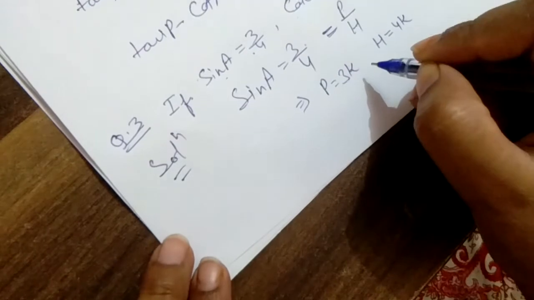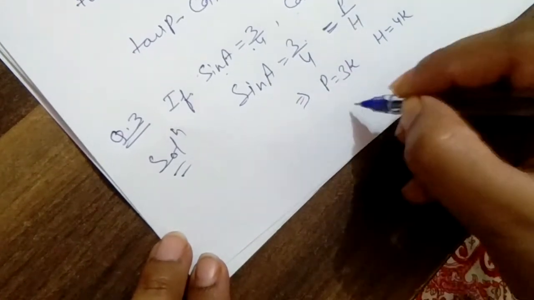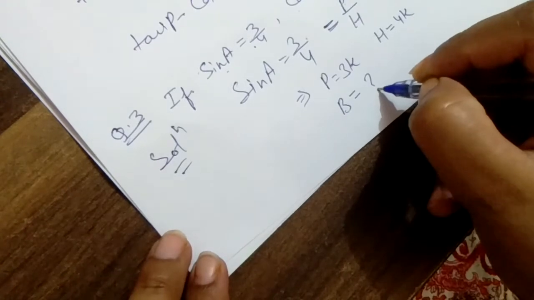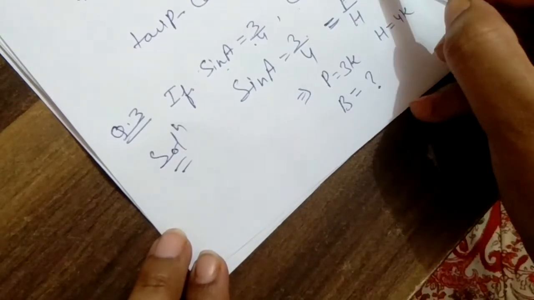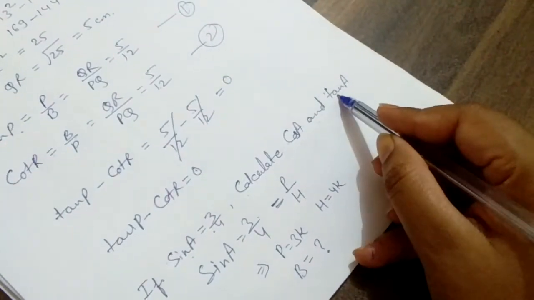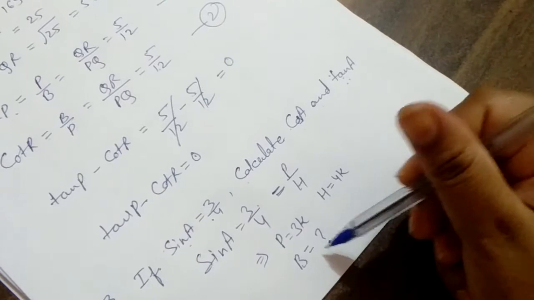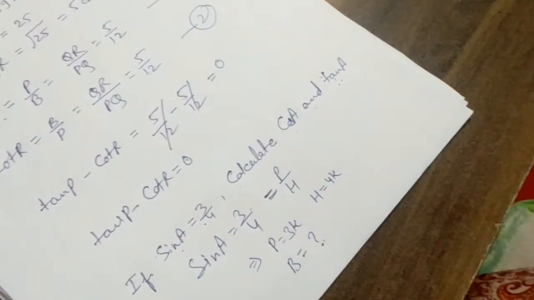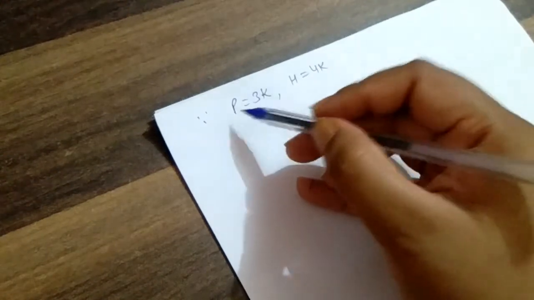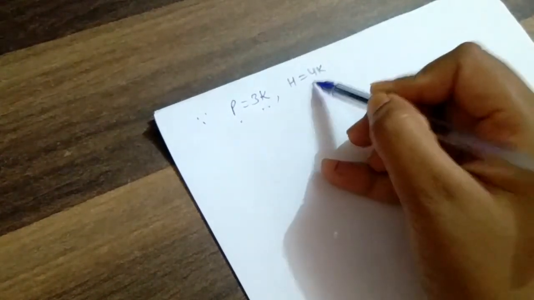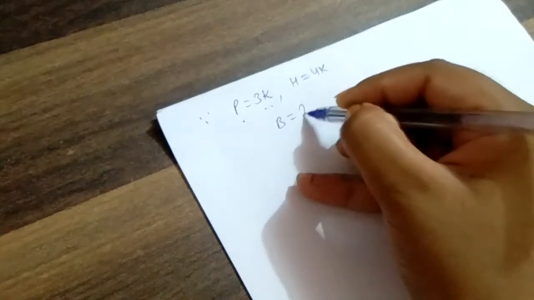So now we first need to calculate the base of that particular right angle triangle, and after that we will find the value of cos A and tan A. Since we are given p equals 3k and h equals 4k, we need to find the base.